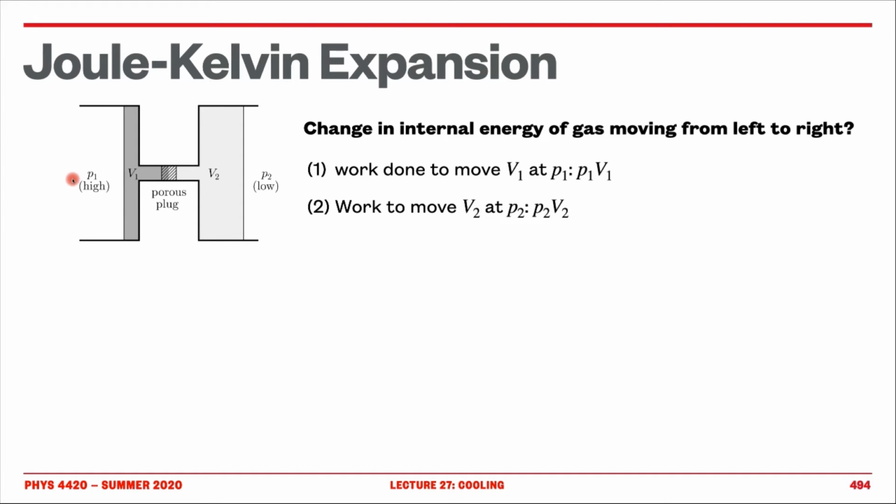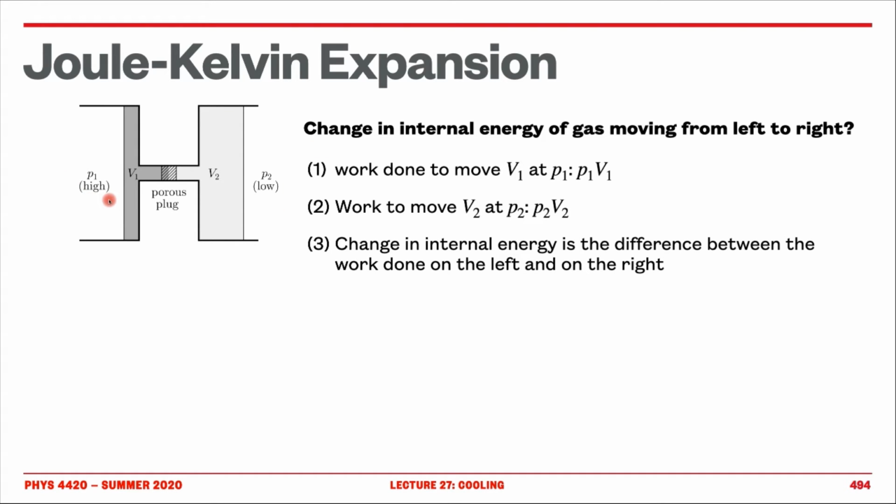So the change in internal energy is related to the difference between the work on the left and the work on the right. Mathematically, it means that the internal energy U1 plus P1 V1 on the left-hand side is equal to U2 plus P2 V2.